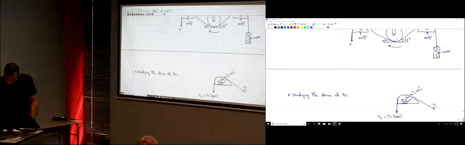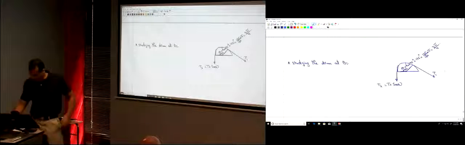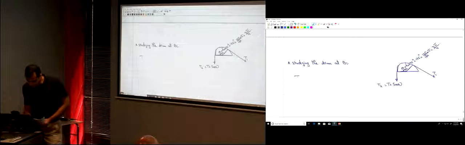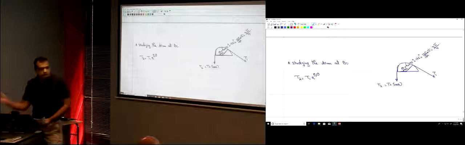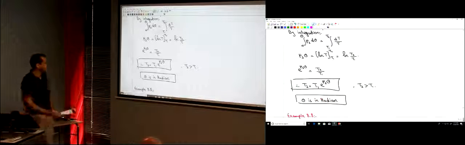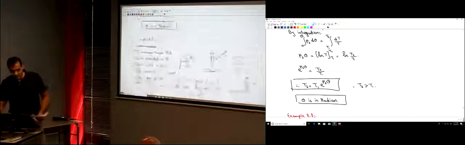So here this is equal to 135 divided by 180 and multiplied by pi, which is 3 pi divided by 4. Okay? So now, the equation that we had, T2 is equal to T1 e power mu s theta. That's the equation that we derived, the relationship between the two forces. Okay? So just applying this equation here.